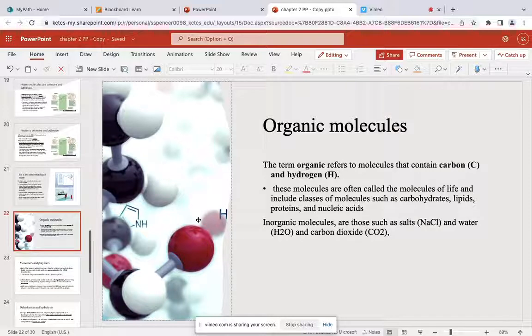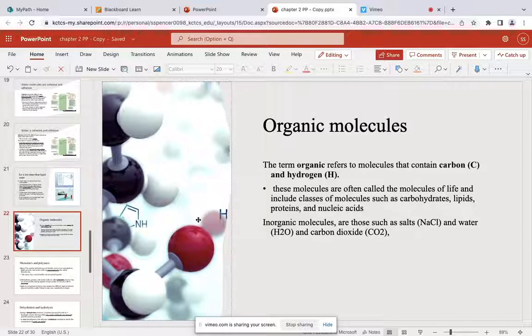So if I give you a test question and I said which of the following is an inorganic molecule, and I give you carbon, I give you CH4, which is methane, I give you CH2O.